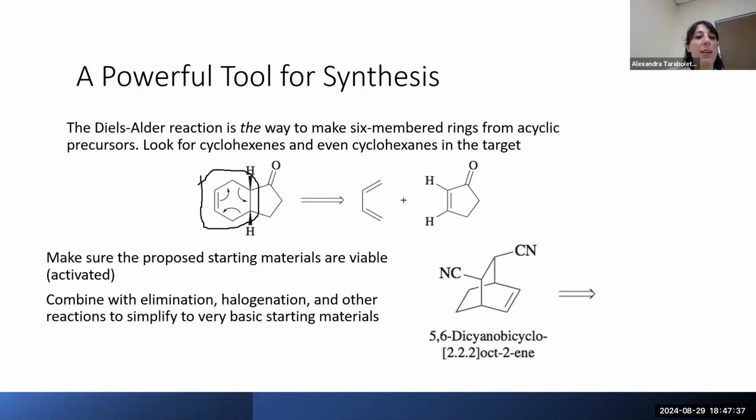How could we make this particular compound with this 6-membered ring and a single double bond in it? Well, we can imagine that this part had to be the diene in the past, and this part had to be the dienophile in the past.